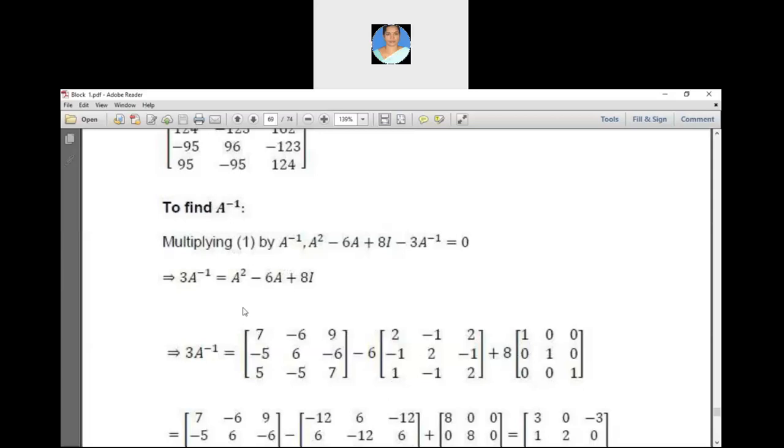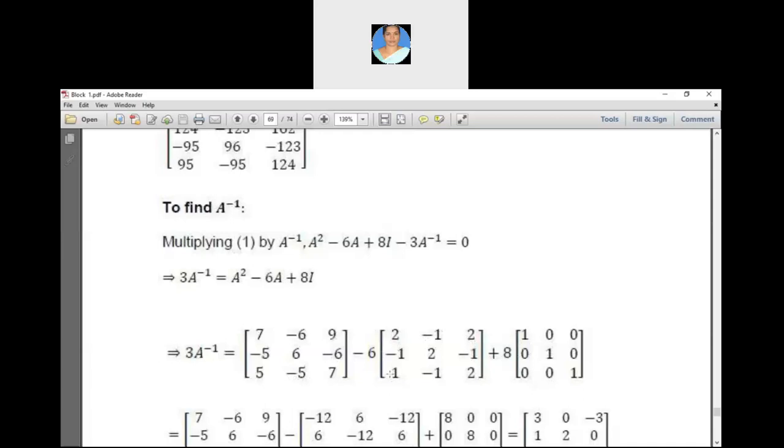So 3A to the power of minus 1 equals 7 minus 6, 9 minus 5, 6 minus 6, 5 minus 5, 7, minus 6 of the A matrix. What is our A matrix? 2, -1, 2, -1, 2, -1, and the third row is 1, -1, 2.